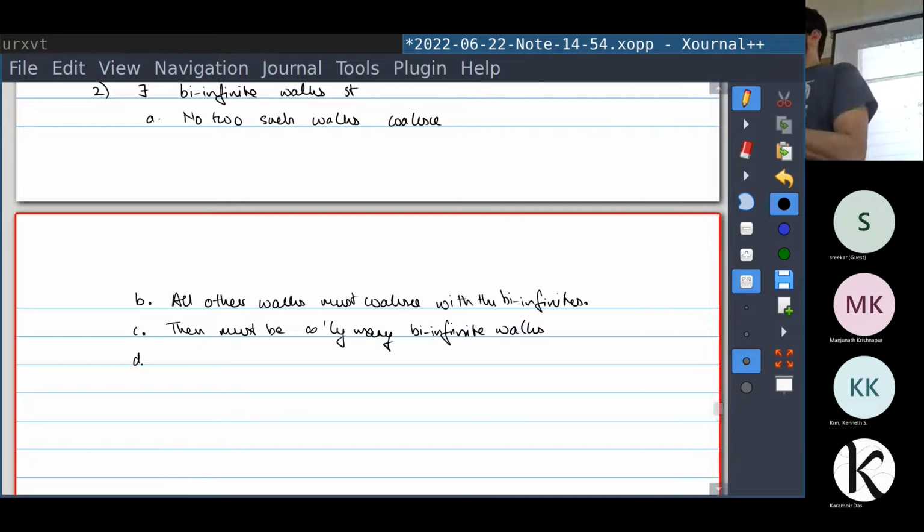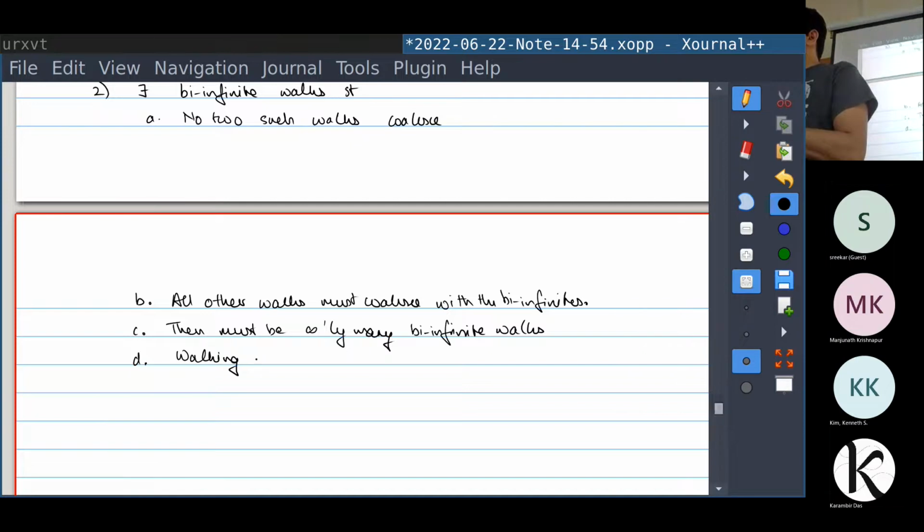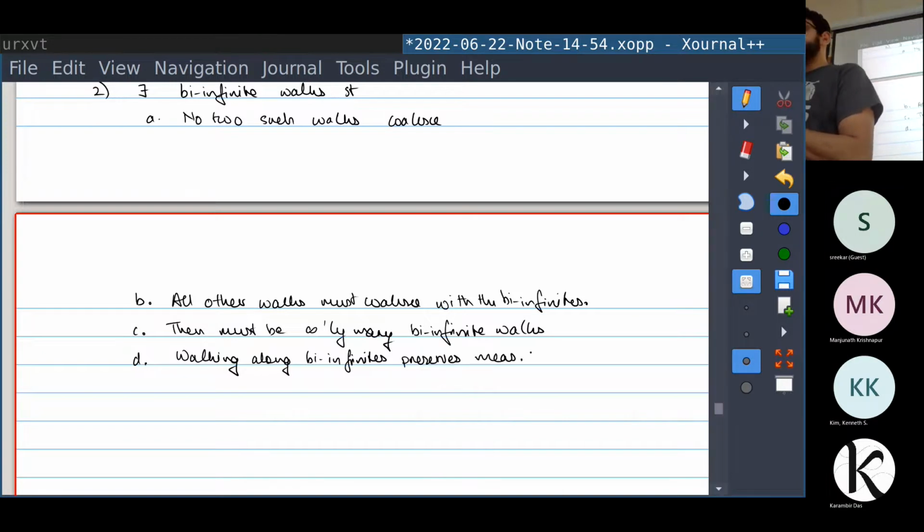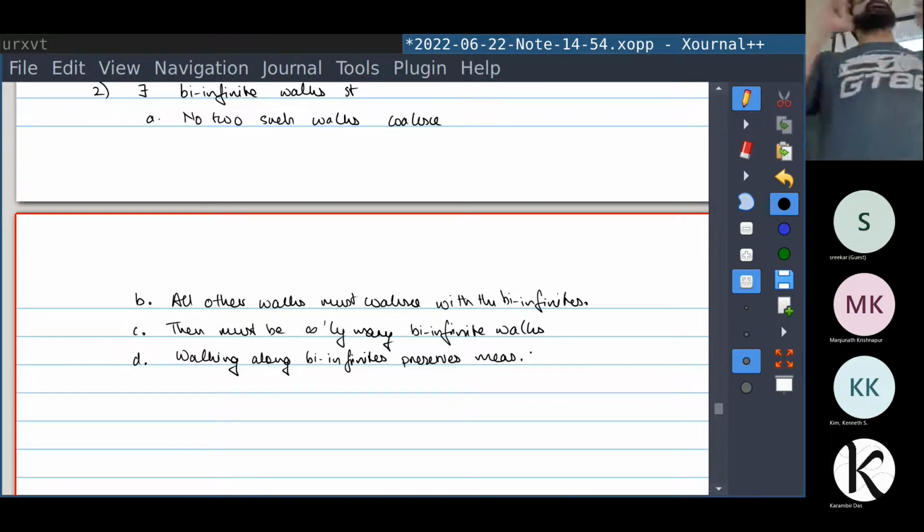And T walking along bi-infinites preserves measure. I'll leave that a little loose. Infinitely many bi-infinite walks, they are all parallel.